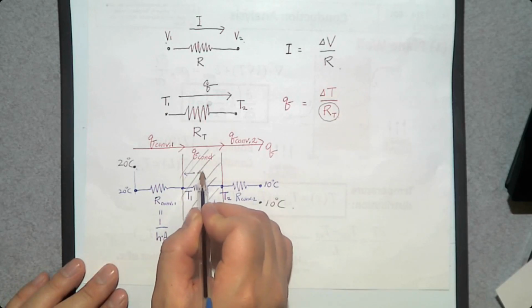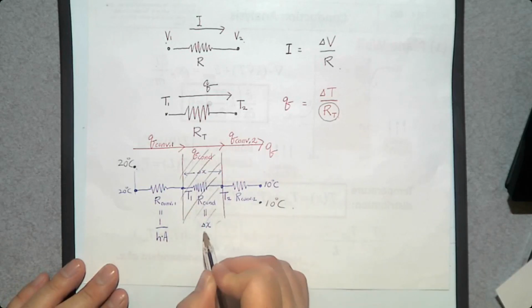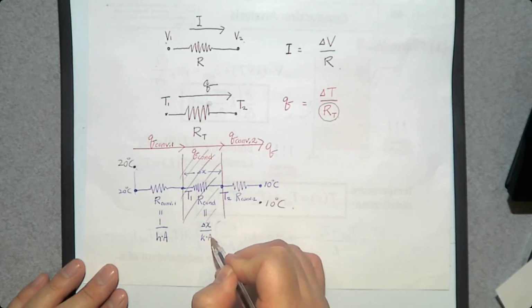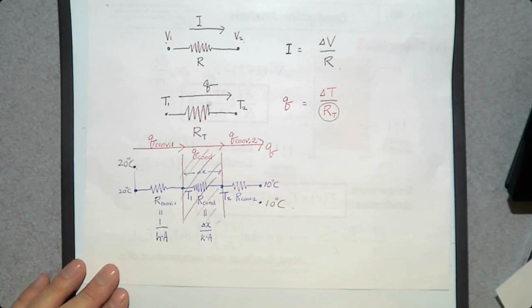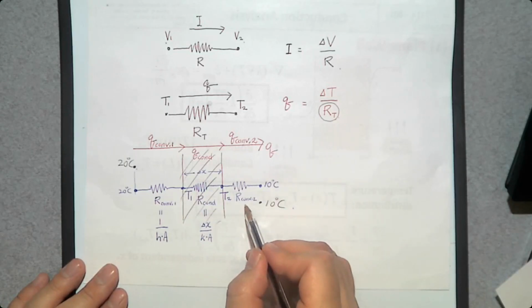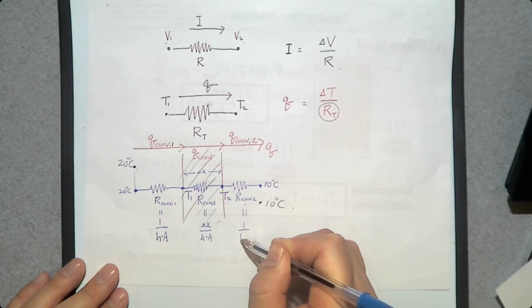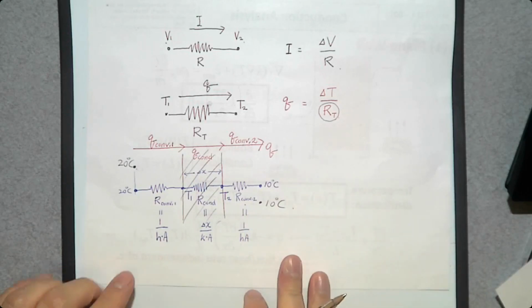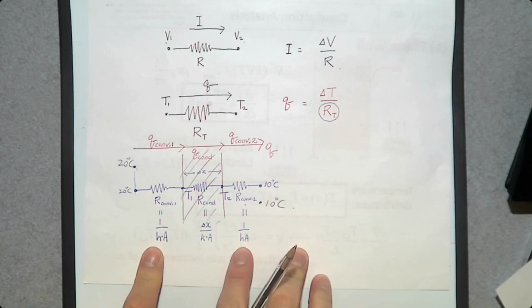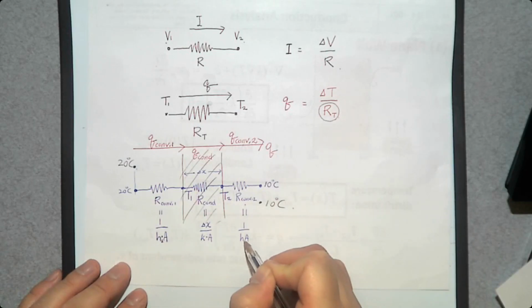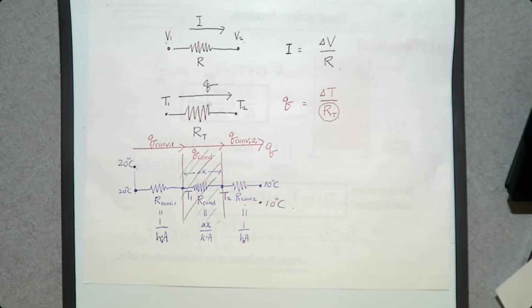So this is delta X. Divided by thermal conductivity K of this wall times cross-sectional area. And finally, we have a convection resistance at the end that is 1 over HA. We have two H's, so I'm going to say the left one is going to be HI indoor. The other one is HO outdoor.